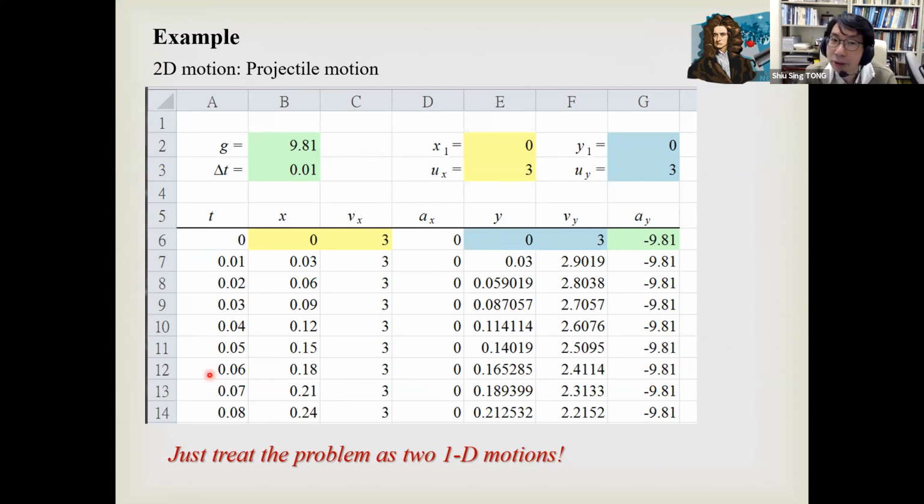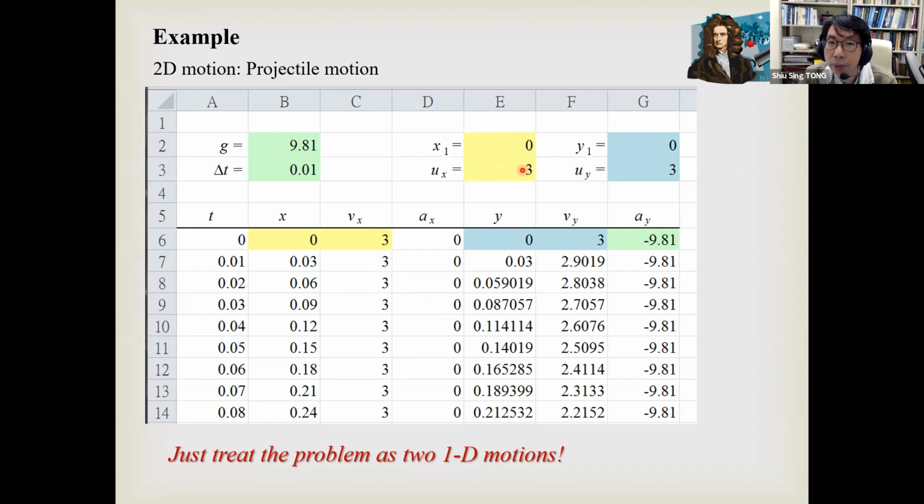The time column is still there, but we now separate the x component quantities from the y component quantities. This is the x component: x position, the velocity in the x direction, the acceleration in the x direction. The acceleration in the x direction is 0 because we are talking about projectile motion, right? So there's no acceleration along the x direction, and the velocity is here.